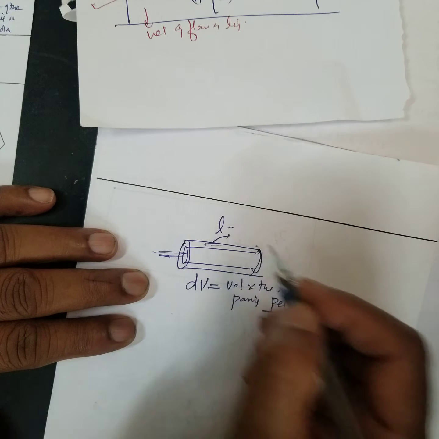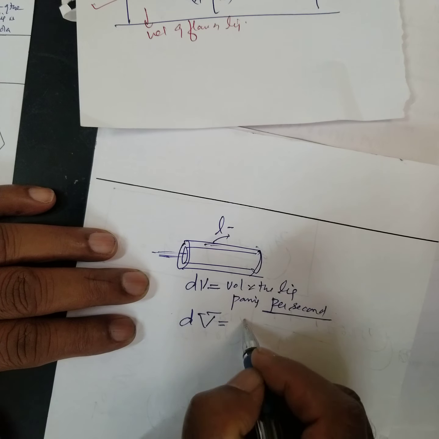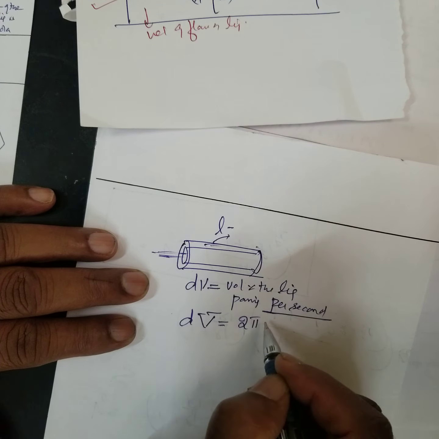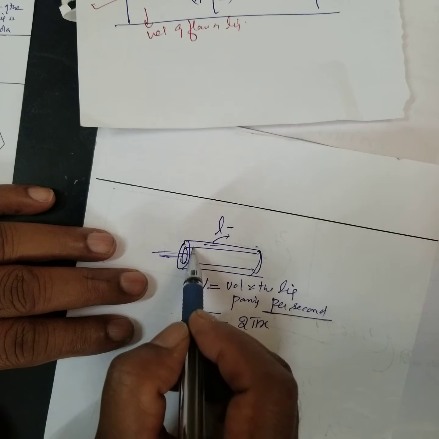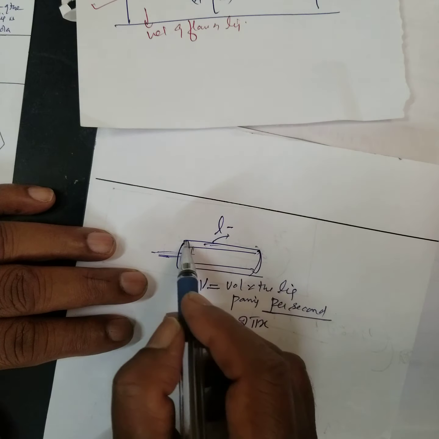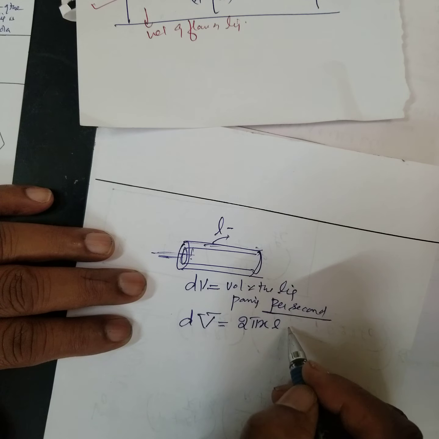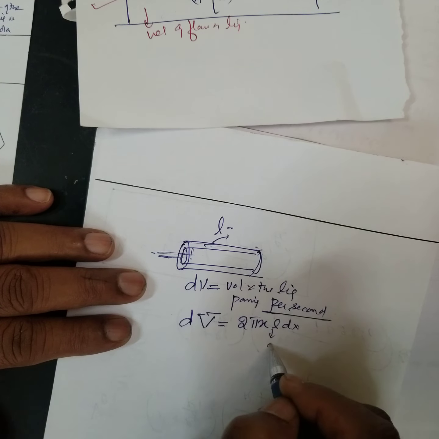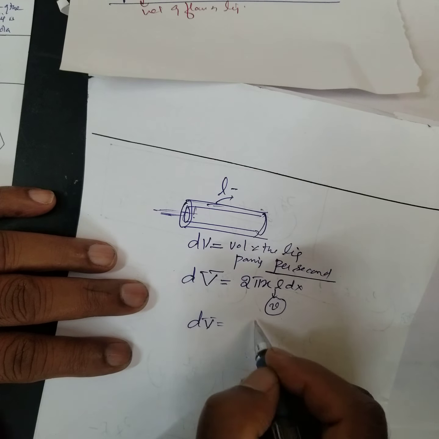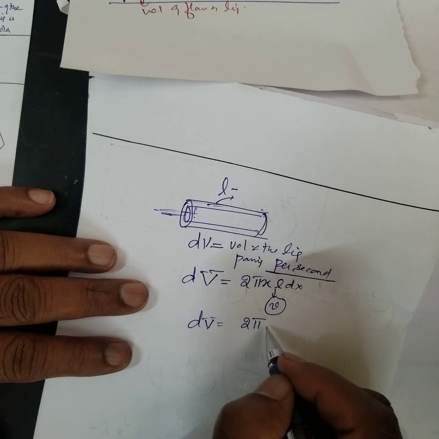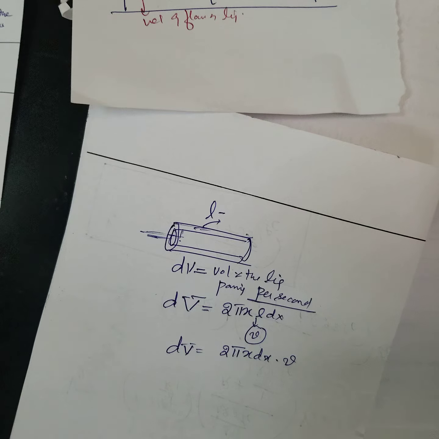Capital V is given by 2 pi x, into L, into dx. But L is replaced by v, I said, right? Therefore, dV is equal to 2 pi x dx into v.